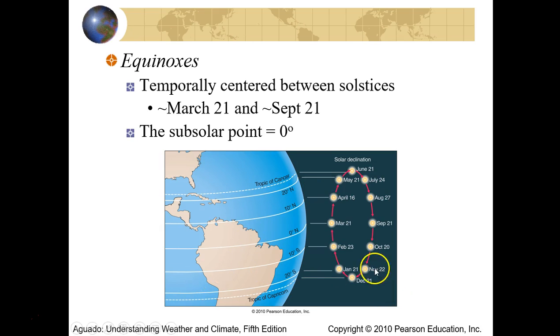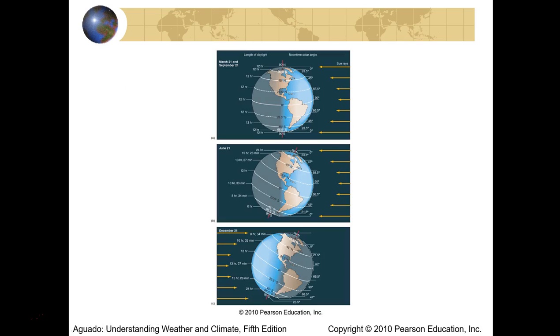On the equinoxes, it's an interesting time when the sun's rays return back over the equator, and that's the time of the year when both hemispheres share daylight and sun angles equally, because the subsolar point is back over the equator, and the equator's designation is 0 degrees for the subsolar point. So there's an orientation of the equator and how solar radiation is equally being shared, and here would be a summer solstice, and here is the winter solstice.